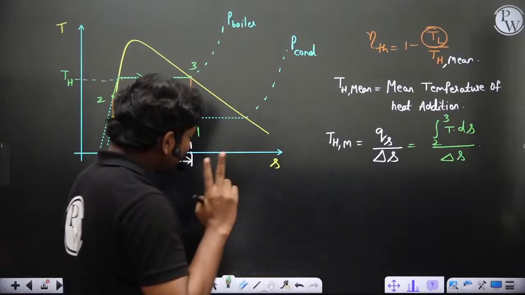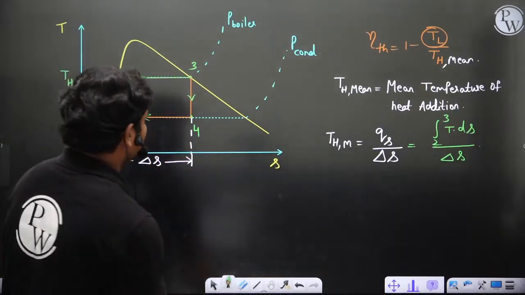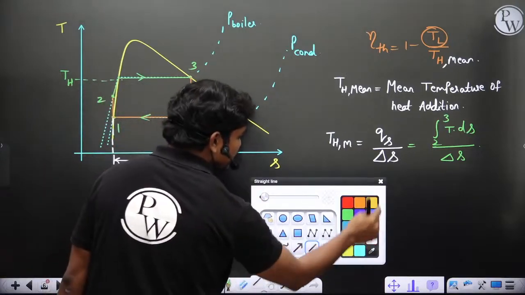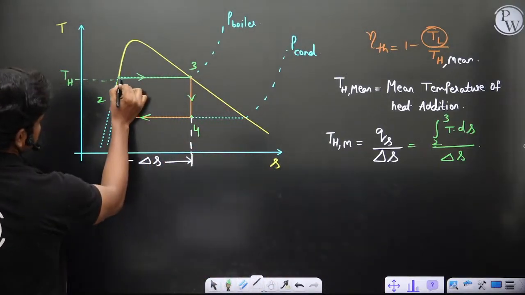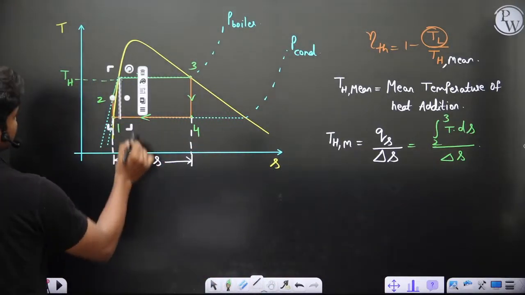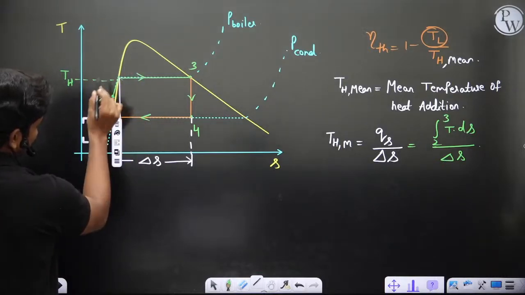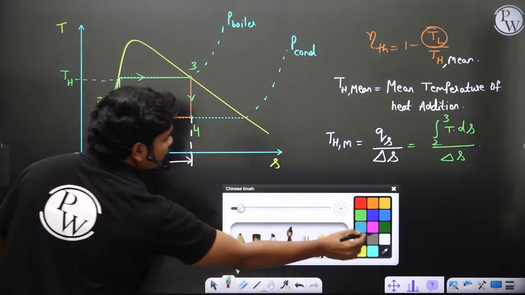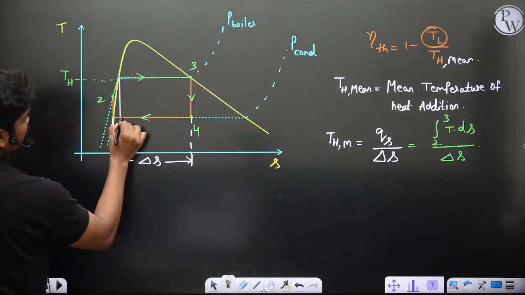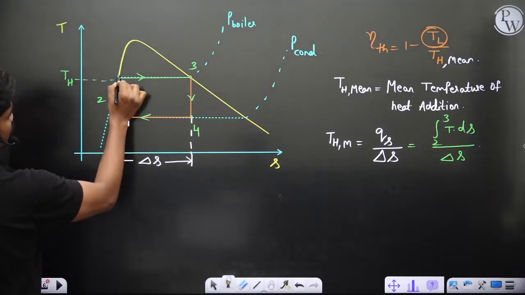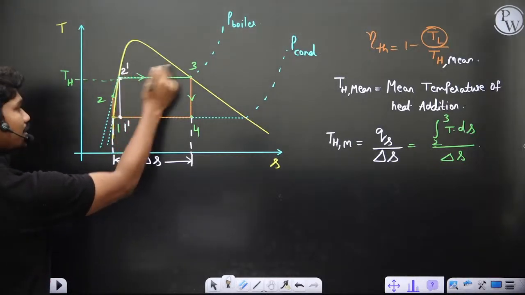Now there could be two possibilities which we would have made. Look, what are the two possibilities? One possibility is this, means instead of having the cycle from 1 to 2, let's say you might have got the cycle from 1 dash to 2 dash, then 3 4 as usual.